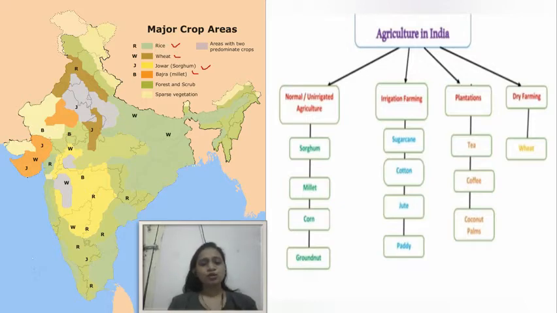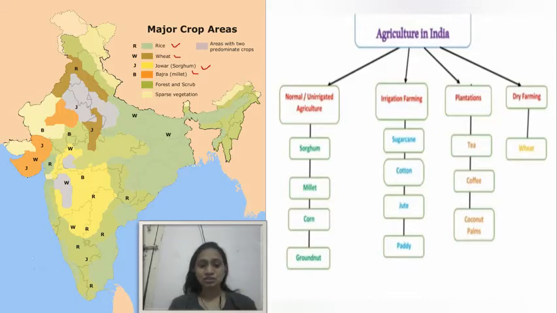Okay, so you can see this very light green, that is an area for rice. So you can see all this eastern part, then this certain part of South India, and here the extreme eastern part of India. So these all parts are very much favorable for rice.